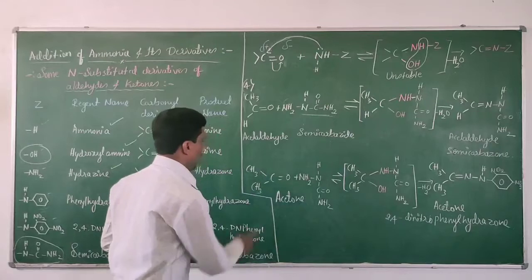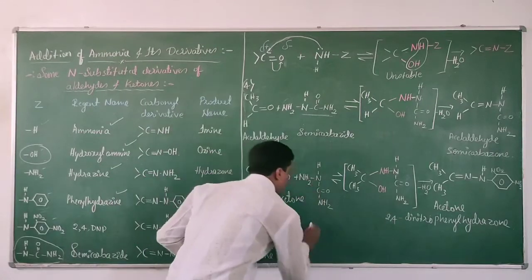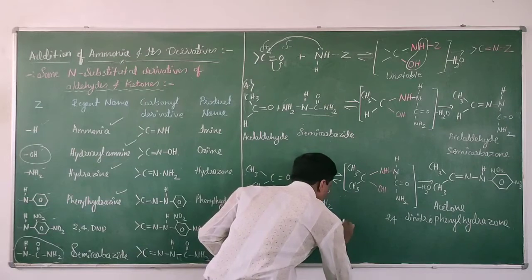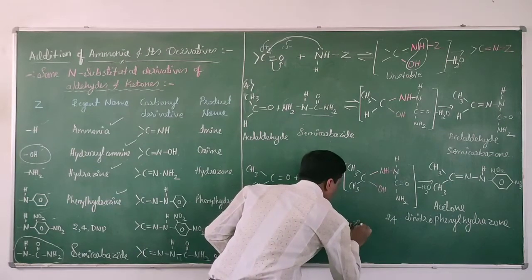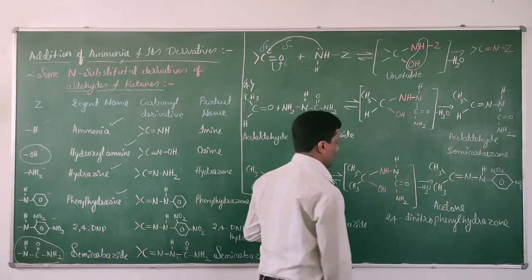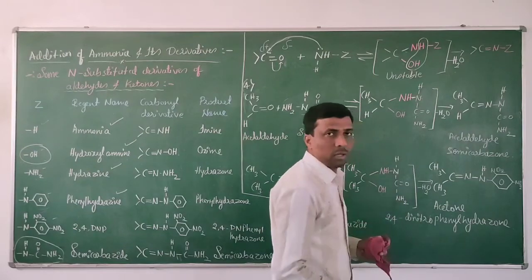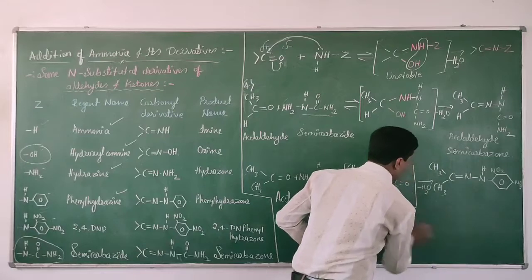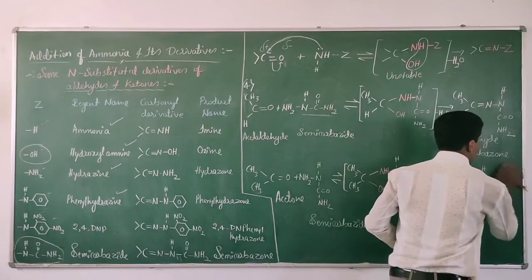Name of the compound. Acetone reacts with semicarbazide. An intermediate is formed which loses the water to form the final compound.